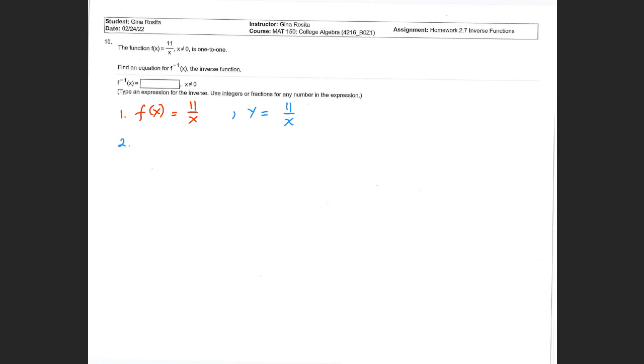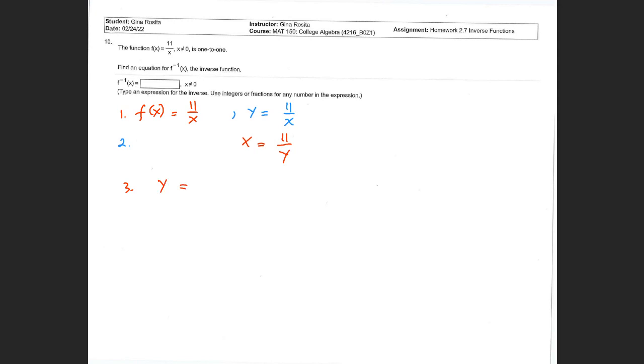Step 2, change y with x. It becomes x equals 11 over y. Step 3, solve for y. So x and y just swap places.